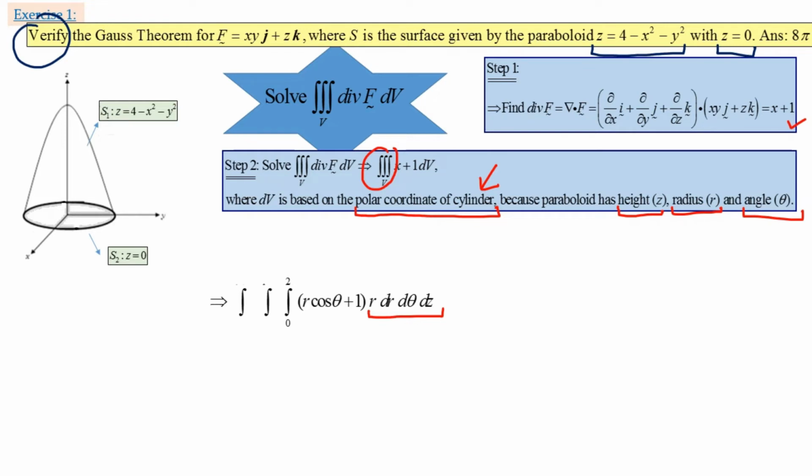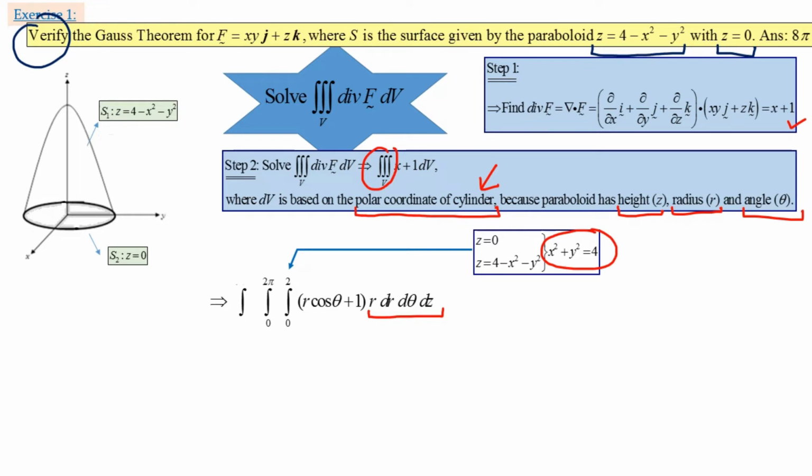Here we have z equal to 4 minus x squared minus y squared, and then we have z equal to 0. So you solve simultaneously, and you have a circle equation, x squared plus y squared equal to 4, which means the radius is 0 to 2.